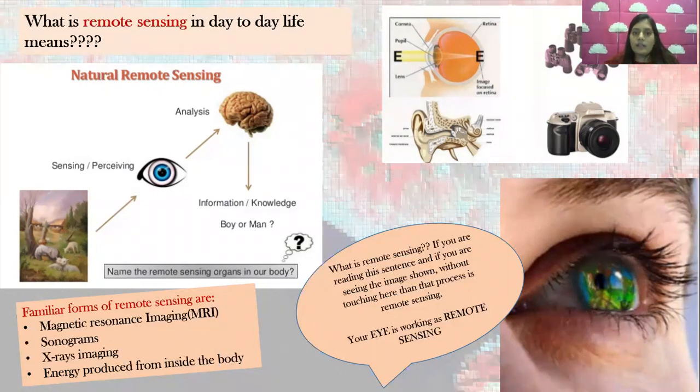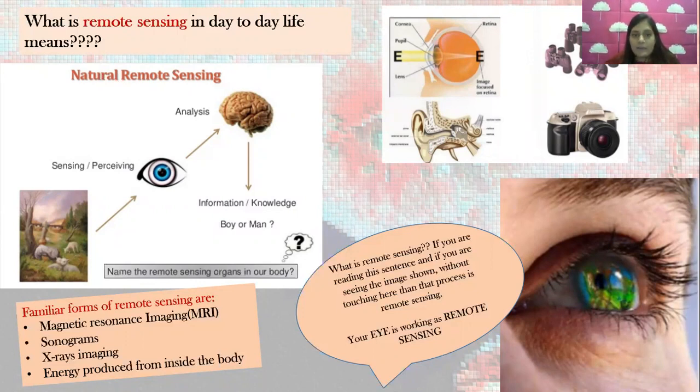Now, there are many other similar familiar forms you have heard of, that is MRI. What is MRI? Magnetic resonance imaging. We used to do MRI. There are also sonograms and X-rays. This means energy produced from inside the body, right?